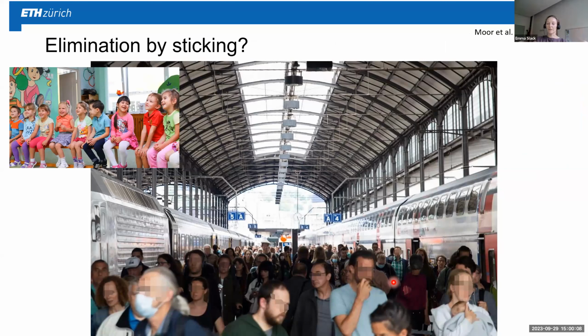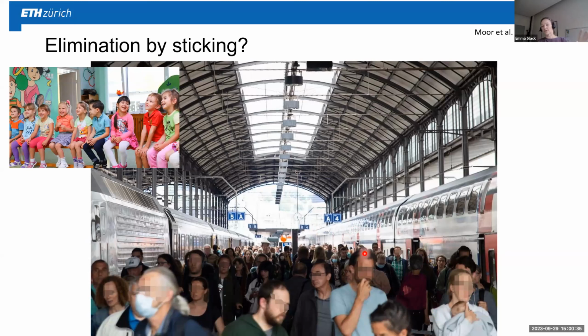So this would be gut microbiota members going from the trains on the platform out onto the station concourse. And we're going to put you in charge of a group of kindergarten children, about 30, let's say, 4-year-olds, who are on this train in platform 4. And your job is to get all of these kindergarten children off this train, through the station, and onto a tram on the other side of Zurich Hauptbahnhof.